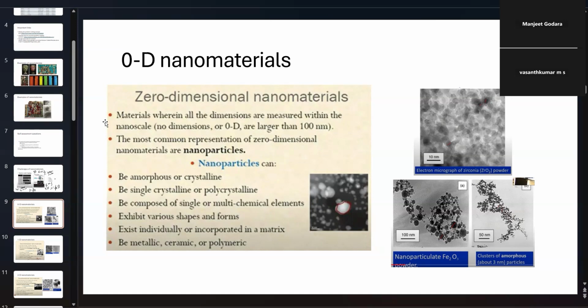When all three measured dimensions are less than 100 nanometers, so all three dimensions are within the nanoscale, we call that a zero-dimensional nanomaterial, or in other words, 0D. So zero dimensions are larger than 100 nanometers.